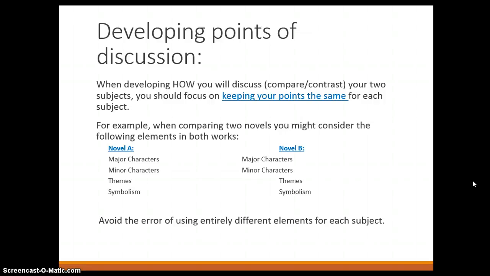So for example, if you look at novel A here that I have listed and novel B, in novel A, if you were discussing major characters and minor characters, then you also should do that in novel B, and that's kind of why that's hanging to the left to show you that those are identical.